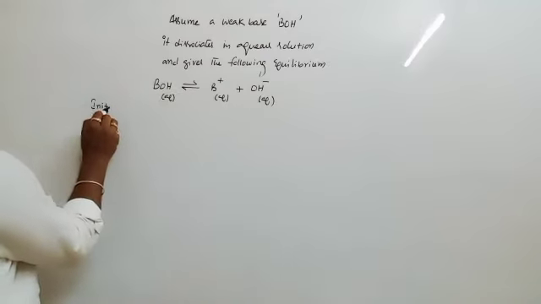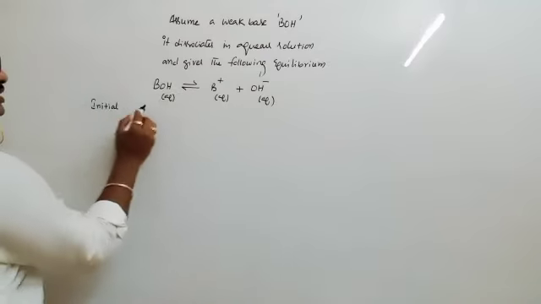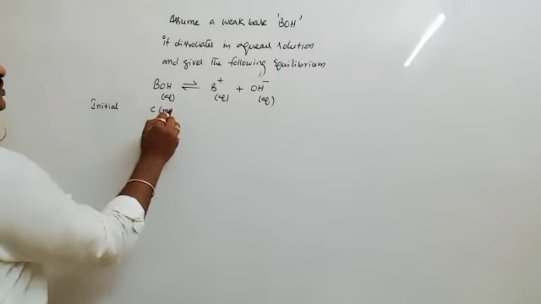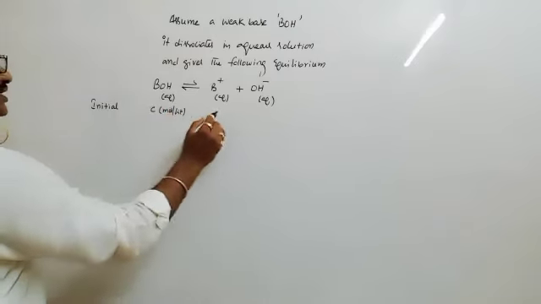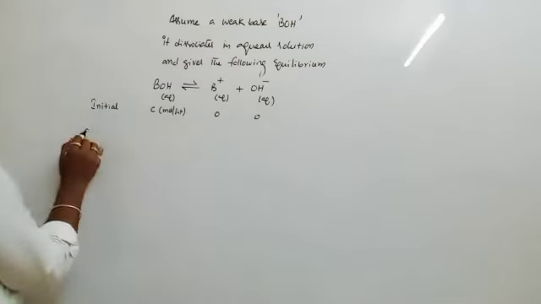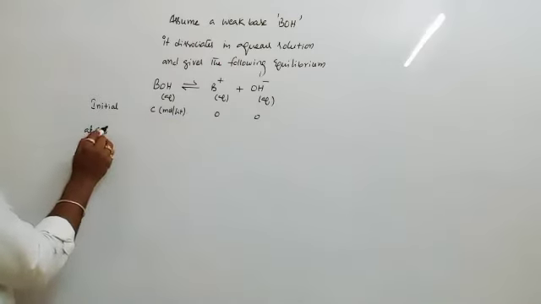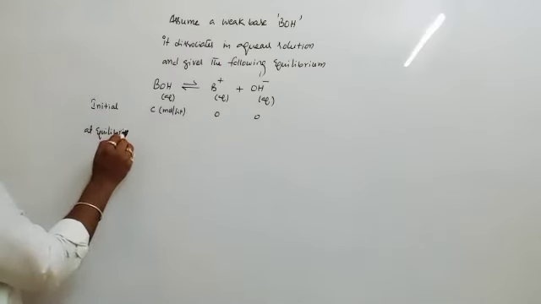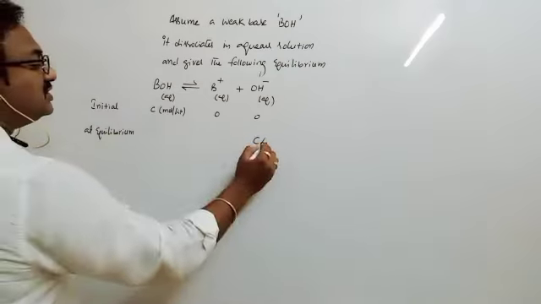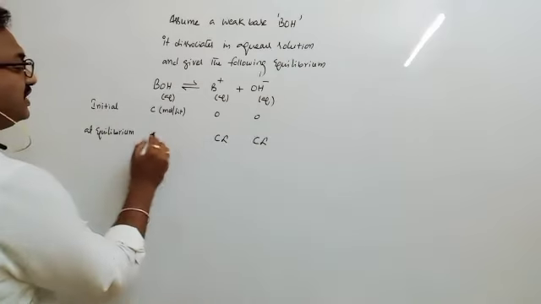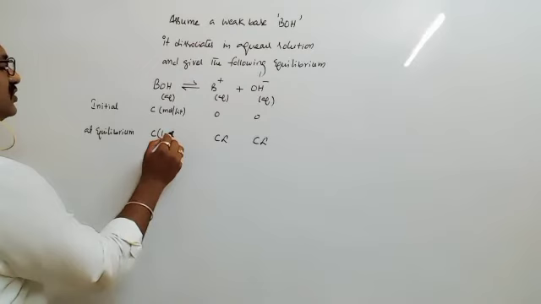If you go through initial moles, initial concentration C moles per liter, 0, 0. Now, at equilibrium, the concentrations are C alpha and C alpha, then this one C into 1 minus alpha.